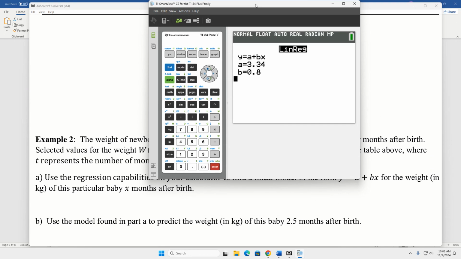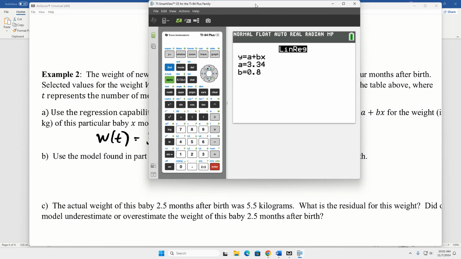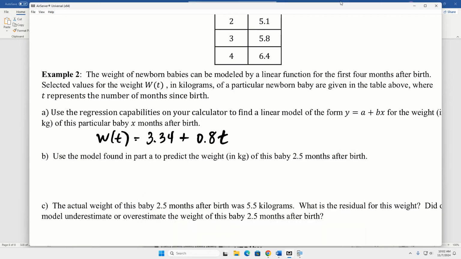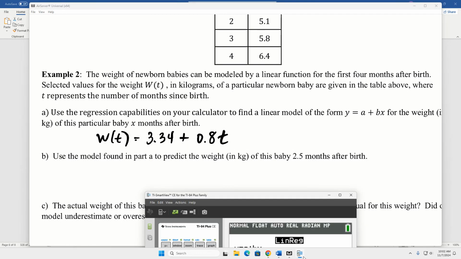And we don't have to round here because we get exact values for our function. And I'm going to call it what they did in the problem. So this is W of T. And it should be 3.34 plus 0.8 T. All right, and then we're going to use this model to make a prediction about how much this baby is going to weigh at 2.5 months.